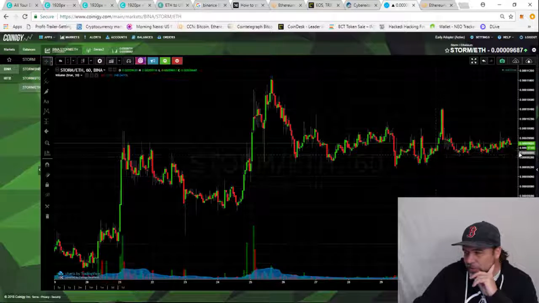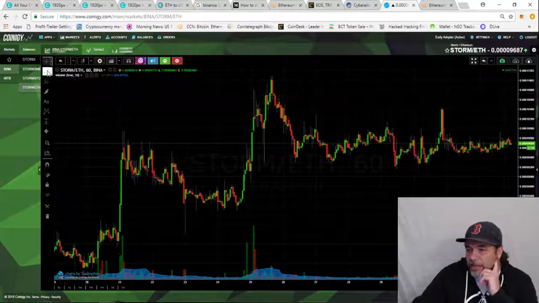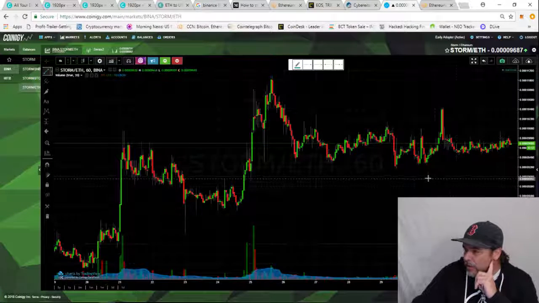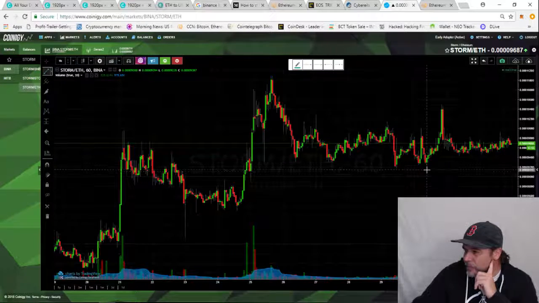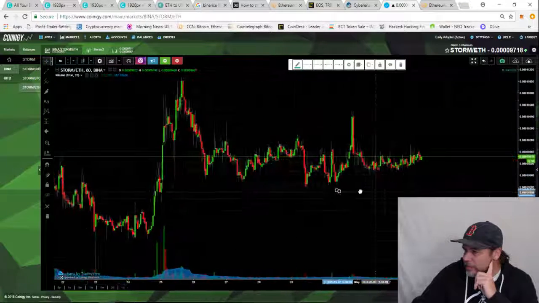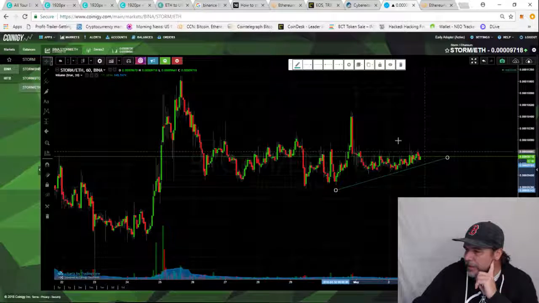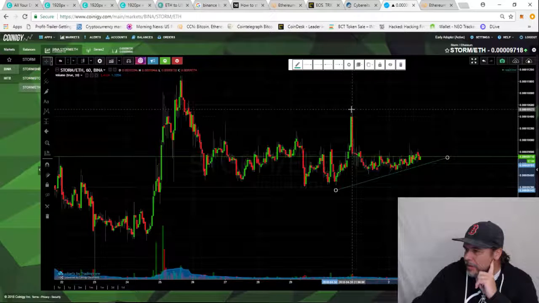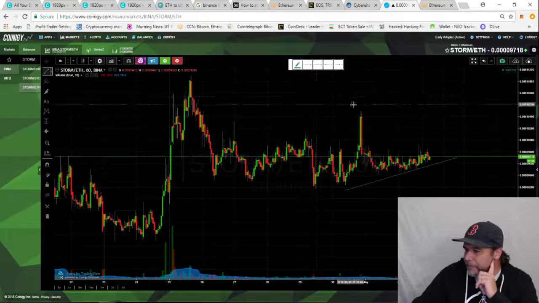This situation is a slightly ascending pennant. If you look at this from right here, well, I'd go right here. Right there. And then we go right here. Oh, I have to put that back on again.